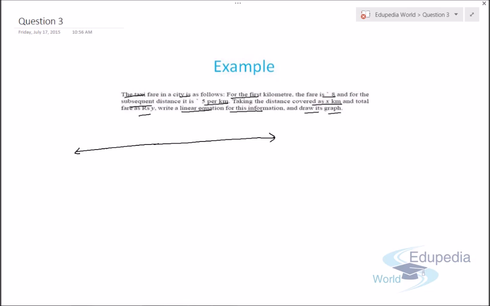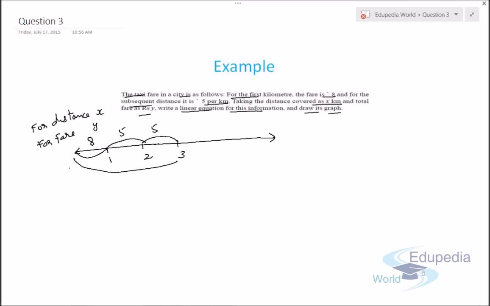If we take this as the first kilometer, and this as second, and this as third, for the first kilometer the taxi charges 8 rupees, and for the subsequent kilometer it charges rupees 5. So we have to make a linear equation for distance, which is taken as x, and for fare, which is taken as y.